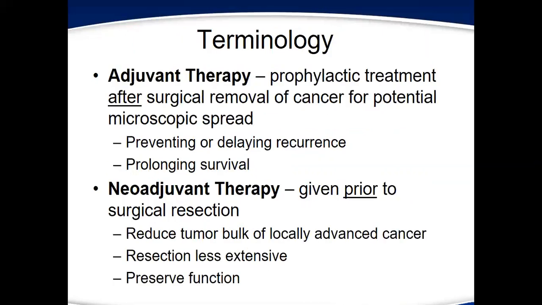Now, some terminology that we'll need to know for when we discuss the different cancer sites. Adjuvant therapy is prophylactic treatment given after surgical removal of the cancer. Okay? And it's given for potential microscopic spread of the cancer that may have been left behind at the time of the surgery, in the hope of preventing or delaying that cancer from recurring or coming back.